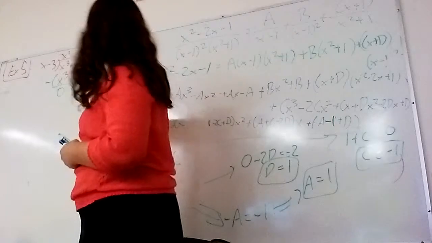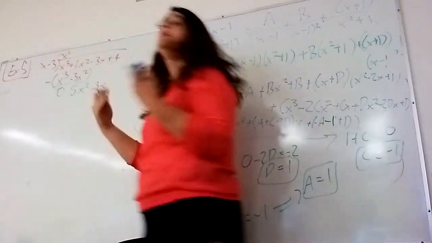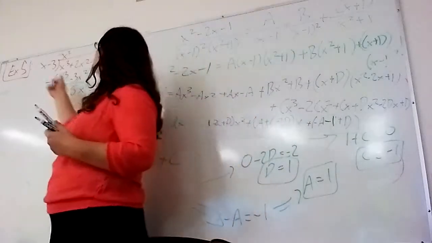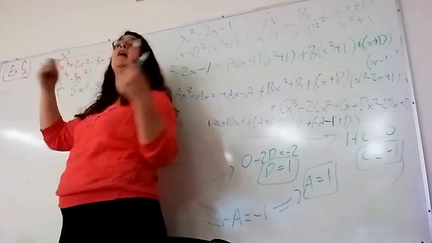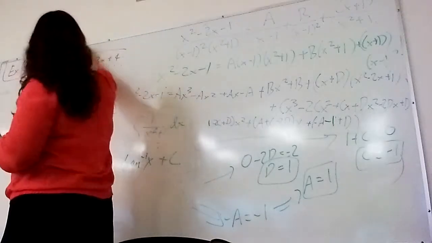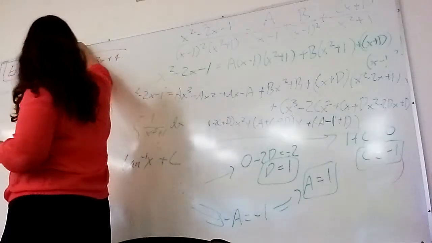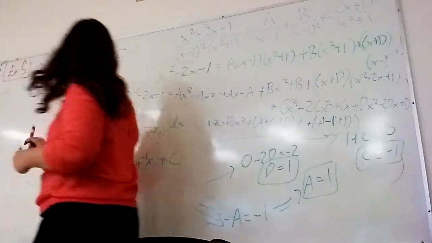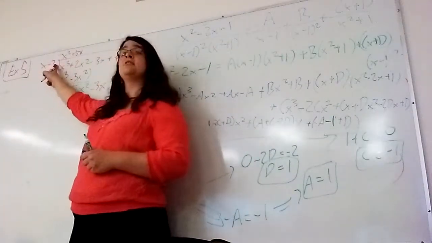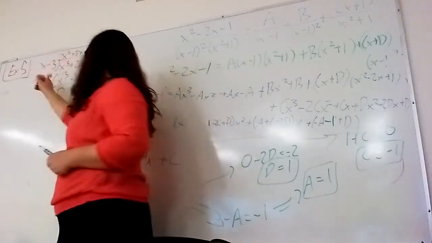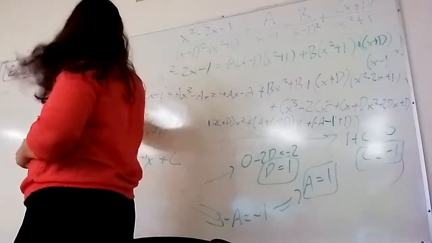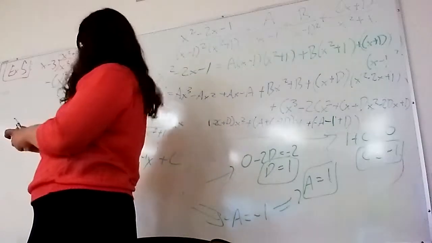The next term here is negative 3x. And repeat the procedure. So we divide again. 5x squared divided by x gives you 5x. One of the x's will cancel and we get 5x. Then we do 5x times x minus 3. 5x times x is 5x squared. 5x times negative 3 is minus 15x.